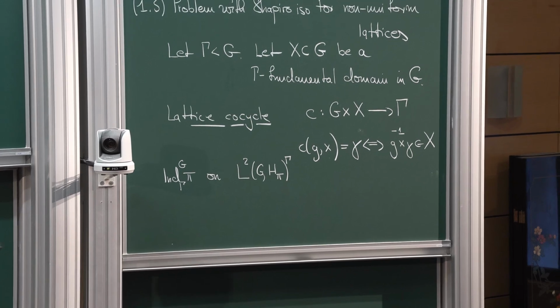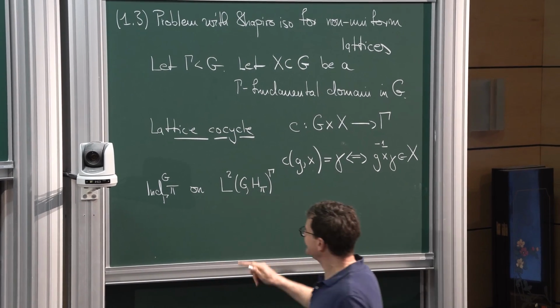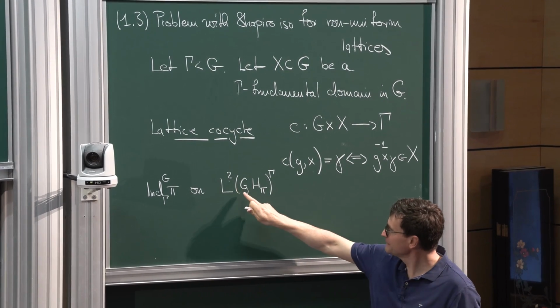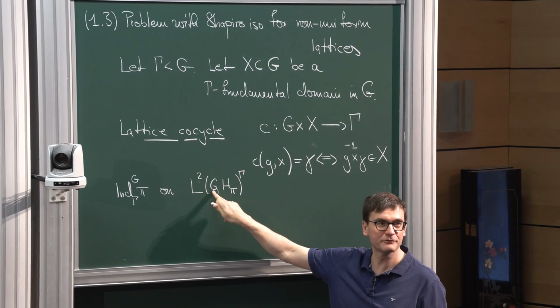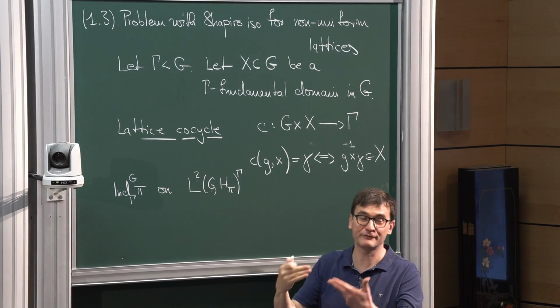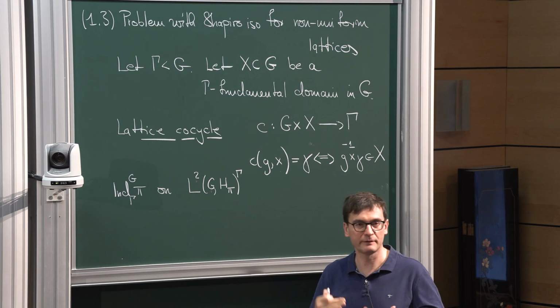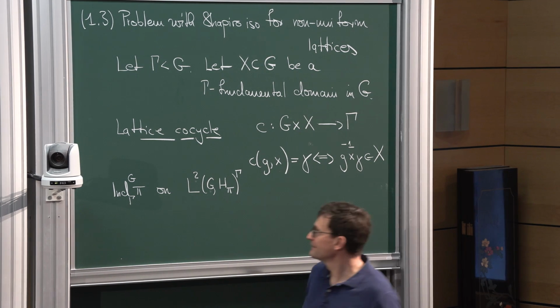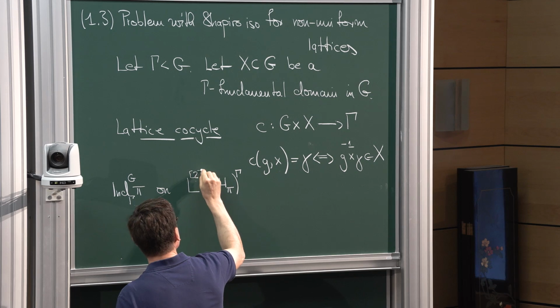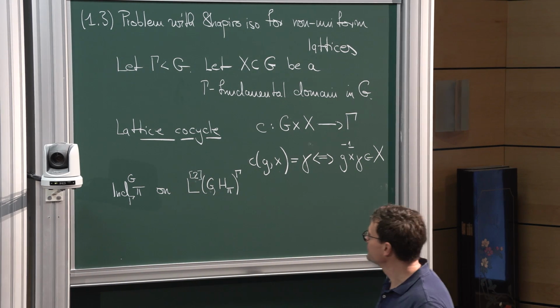This L2 is a bit misleading because it's not L2 on the whole of G. It's actually L2 on a fundamental domain, or equivalently on G mod gamma. So sometimes people indicate that it's not the usual L2 by using these brackets.